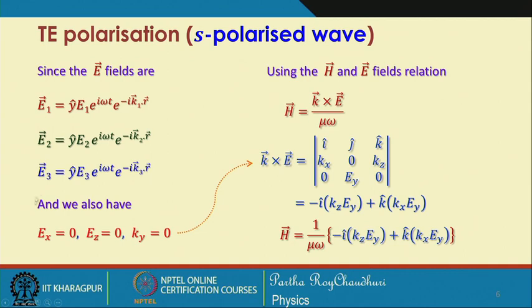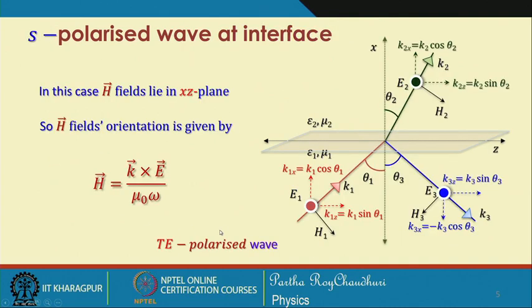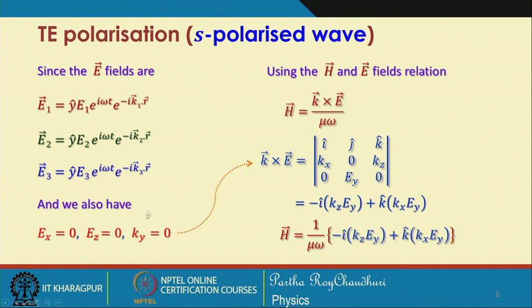Additionally, because Ex and Ez are 0, there is no x or z component of the electric field; it is exclusively in the y direction. But the k vector lies in the xz plane, therefore there is no ky component.